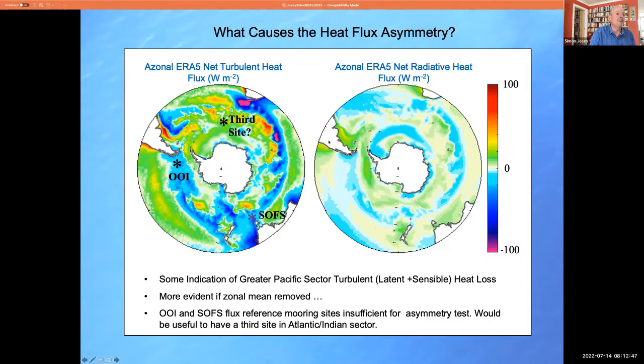But I think what we can start to advocate, from my perspective anyway, is if we had one more mooring and we could put one in this particular characteristic region of heat gain, it would be very useful because it would enable us to start to tie down the fluxes on either side of this asymmetry, and hence better formulate a large-scale constraint. So that was the pitch I was making, if you like, to spice up the talk when I gave it a few months ago. And I hope it makes sense to people here, and we can talk about that at the end.